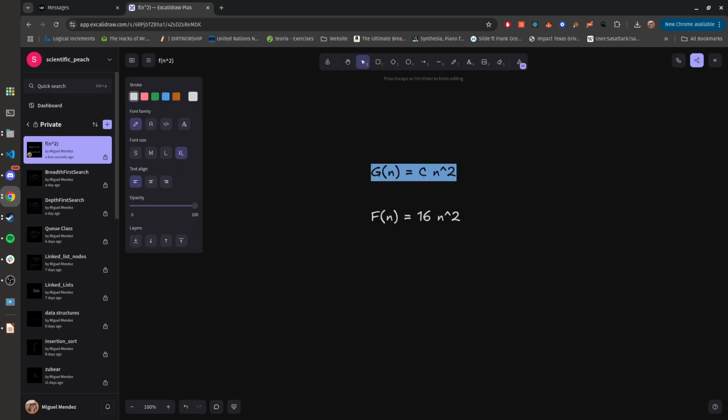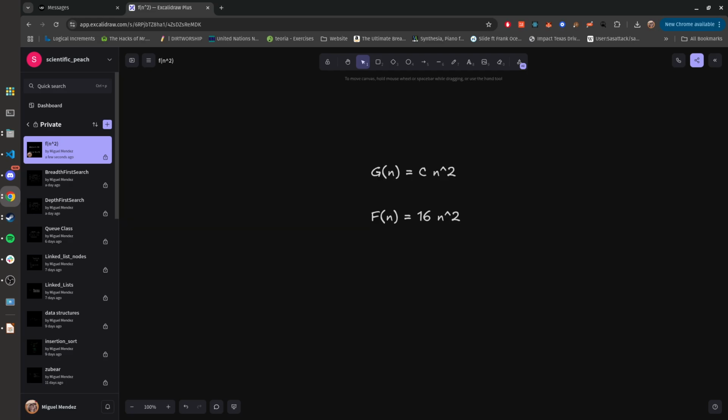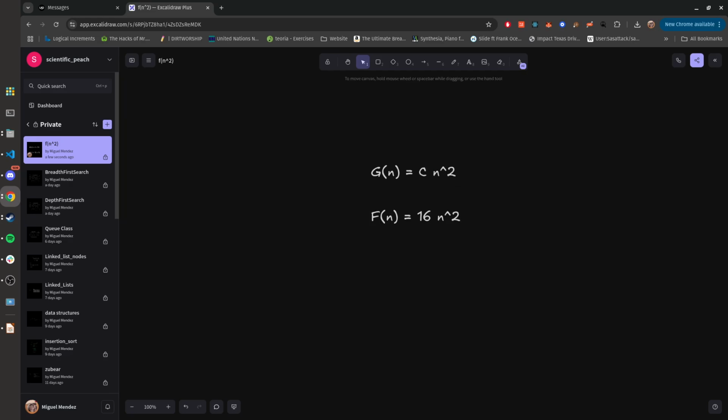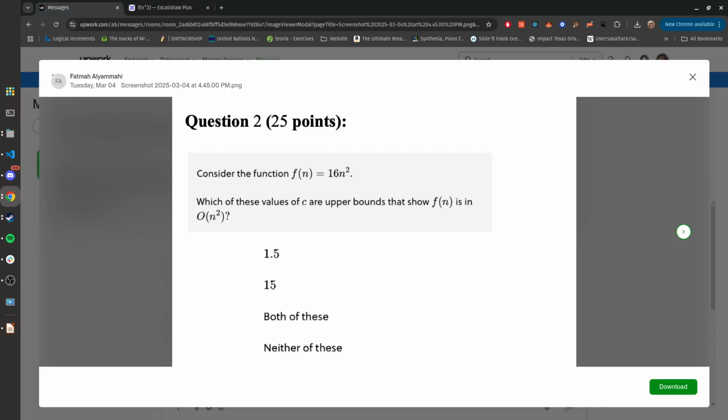And ultimately, since this function is bigger than this function, you know that it's bound by n squared. Like it can't be bigger than n squared, because if c was 17, this would be bigger than 16n squared, no matter what value of n you give it. So that's the answer for that one.